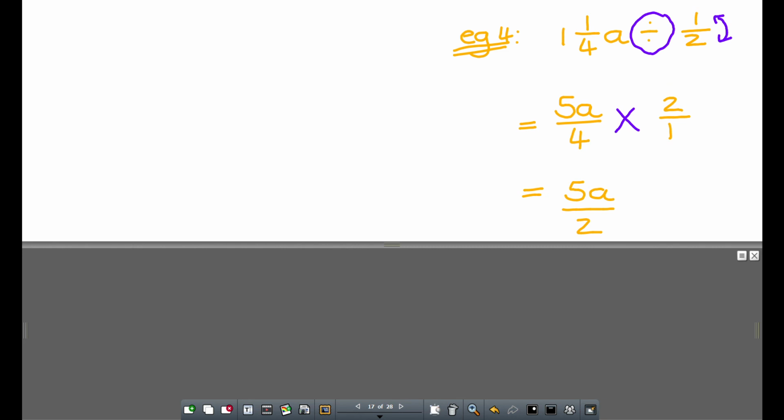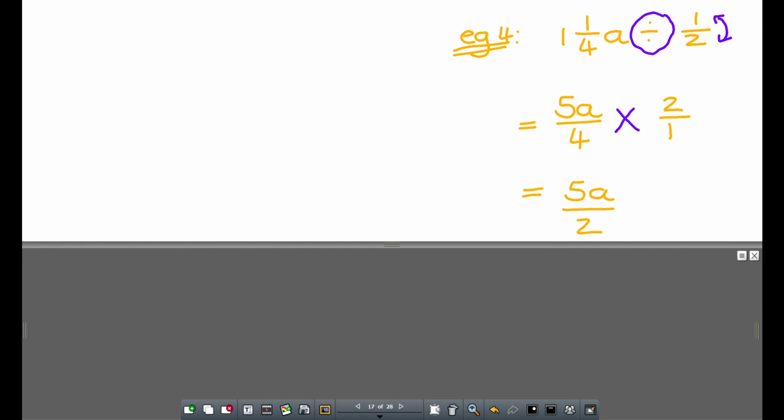Or if you want, you could first multiply, then you would have gotten 5a times 2 will give you 10a over 4 times 1, 4. And then from there you'll see 2 will go in twice, and 2 will go in 5 times. So that's why I have 5a over 2. Any other questions?